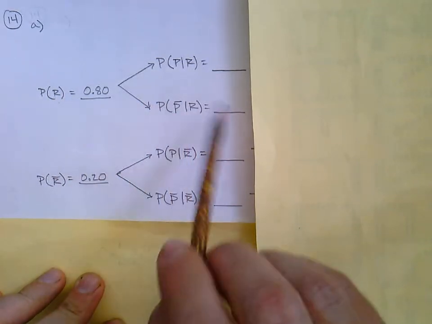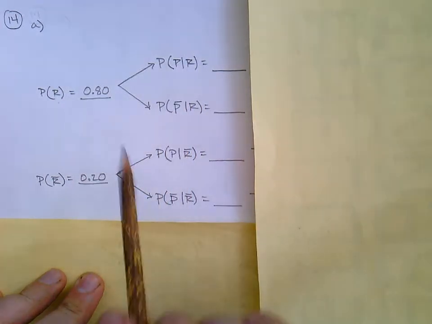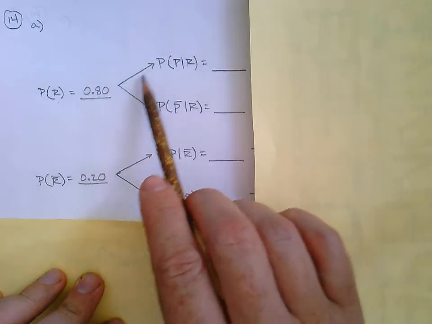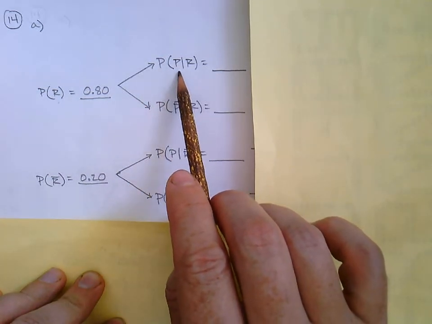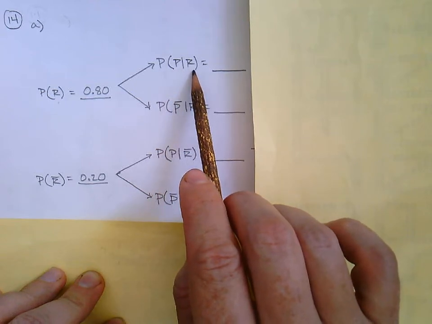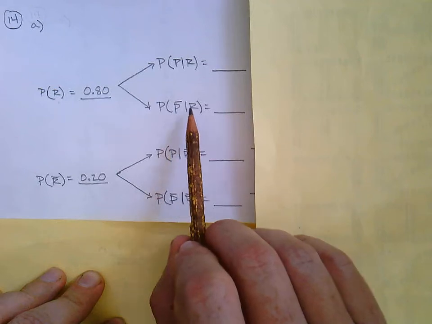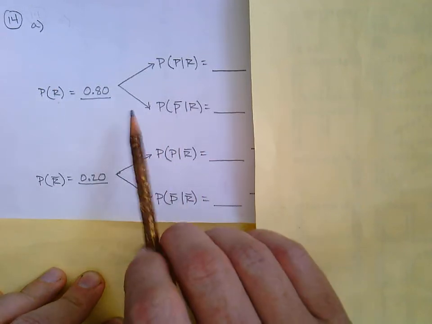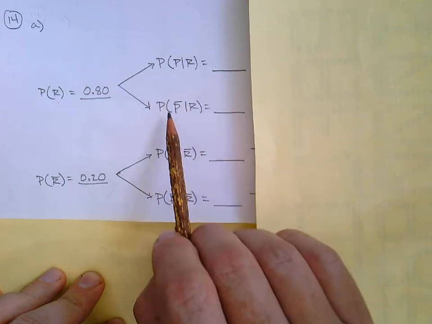From the people who went to the review, they might have passed the final or not passed the final. So from this 80%, some had a probability of passing the final given that they went to the review, and others the probability of not passing the final given that they went to the review. We're only focused on the people who went to the review. Some passed, some didn't.